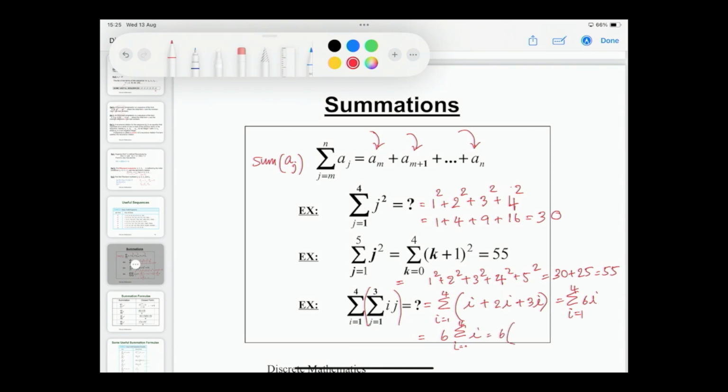So we have 6 times 1, 2, 3, 4. 60, right? What about if we consider the summation of 6i, i is from 1 to 4? They're the same thing.